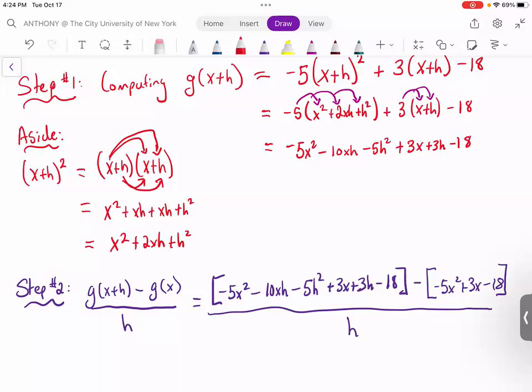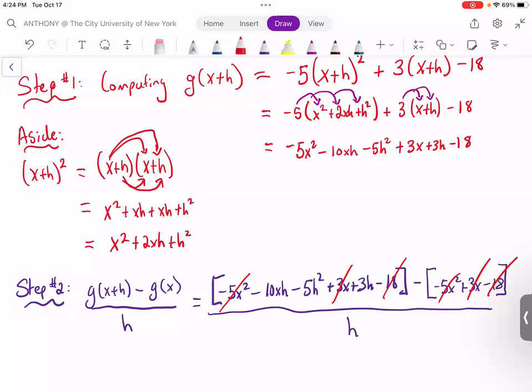So what terms can I cancel out? Well, careful, you gotta say negative 5x squared. There you go. 3x, negative 18. So there's a pattern here. When you're doing the simplification, the difference part, the subtracting, all the terms of the original function are going to get wiped out.